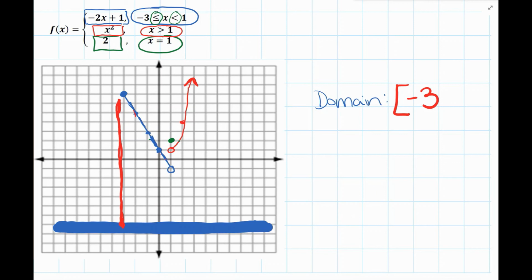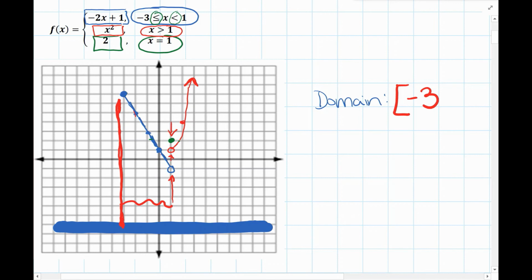Then let's go across. I have graphing here, I have an open circle right here. But even though I have an open circle here and an open circle here, I have a closed dot right here with the green graph.